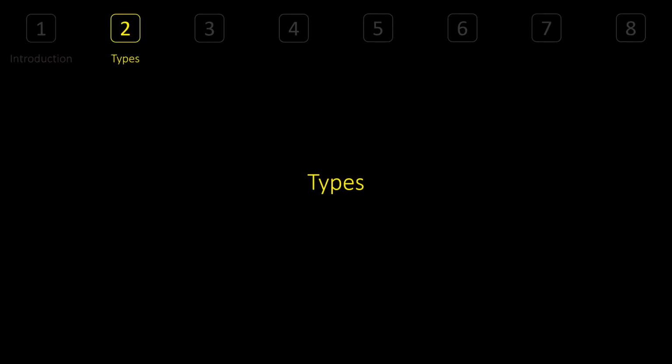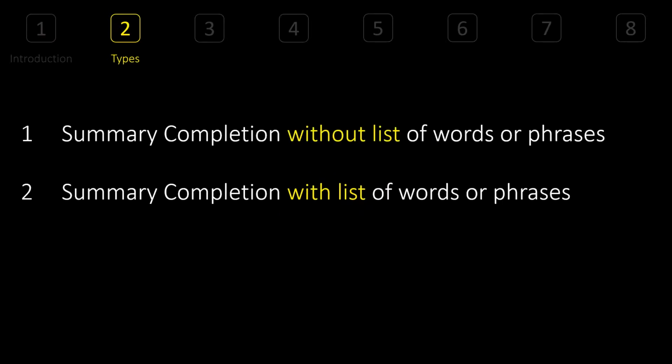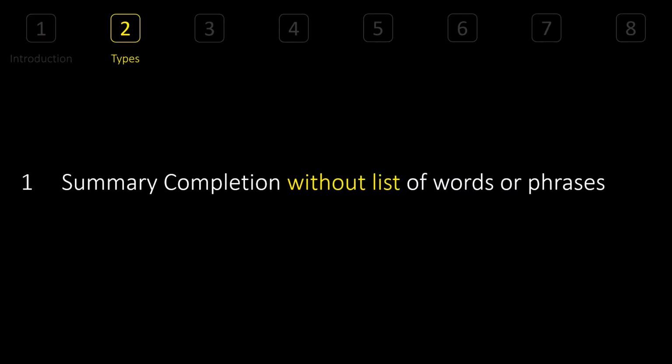Before that comes types. There are two types: summary completion without a list of words, and summary completion with a list of words or phrases. I know this is getting confusing; showing an example will make it clear. Let's look at the first one, summary completion without a list of words or phrases.